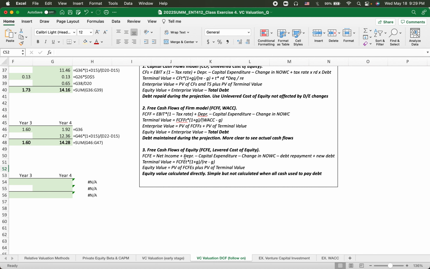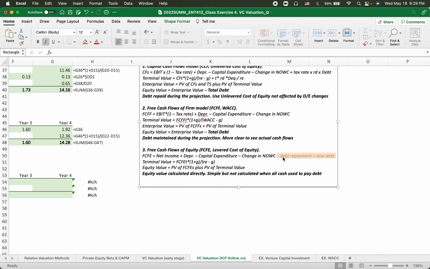Then add back depreciation, capital expenditures, changes in the operating working capital. But this debt repayment and the new debt must be considered, right? Because that increases or decreases the cash flows of the equity. The cash amount can be used for capital expenditures, or any operating or investing, and that will definitely affect the equity value.